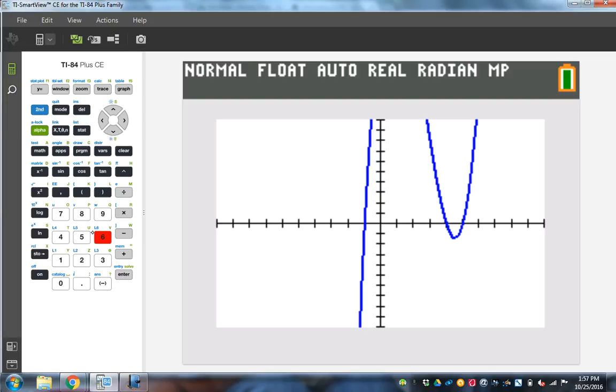You click the zoom, or you can actually type it. It may have been just scrolling my graph.